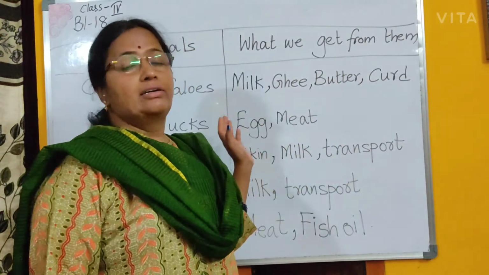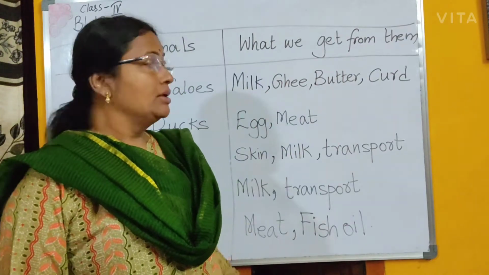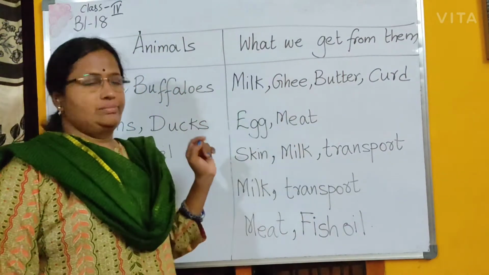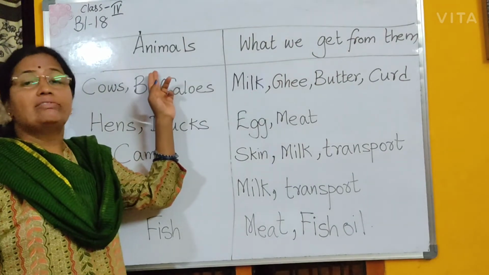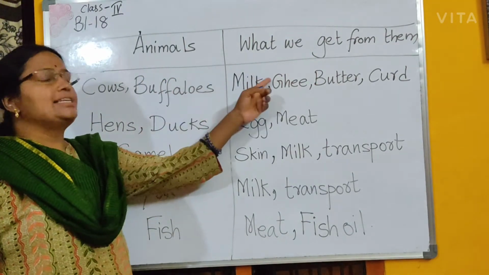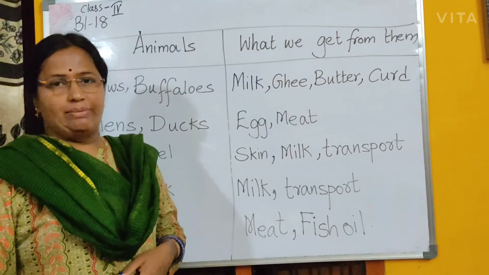So here on the board we have a table. There are two columns. First column we have the names of animals. In the second column we have the things that we get from animals.